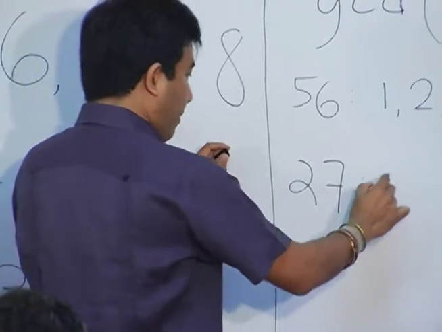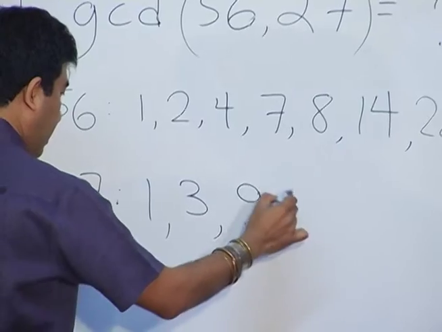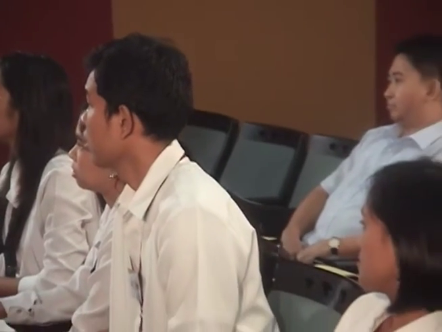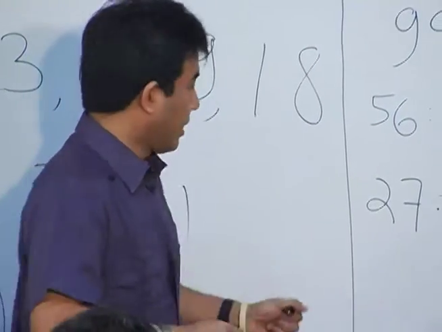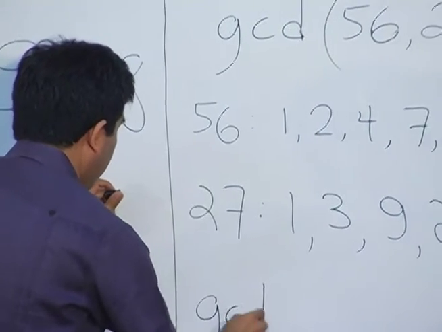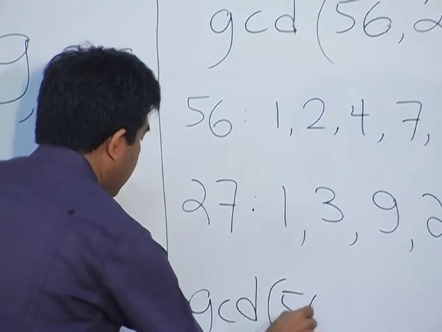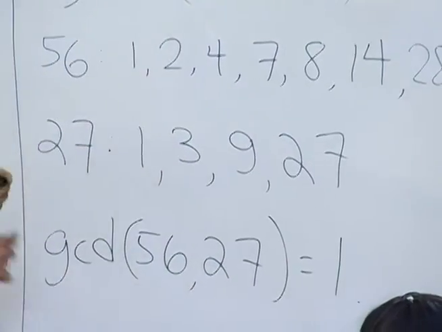How about 27? We have 1, 3, 9, 27. In this case, there is only one common divisor, and that is the number 1. So the GCD of 56 and 27 is 1.